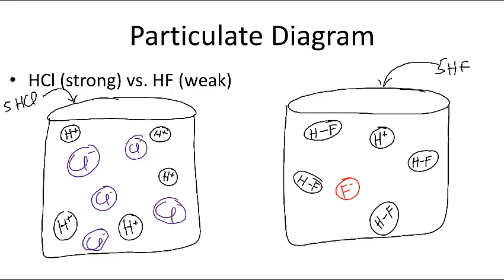One other thing I want to point out about my picture of HF over here on the right is that right now I've drawn 4 HF molecules as being undissociated. There's nothing special about those 4. If we were to redraw this picture as a cartoon over time, what you would expect to see is the H plus and the F minus that I have right now would come back together at some point, while one of the HF molecules that's there would split up at some point.